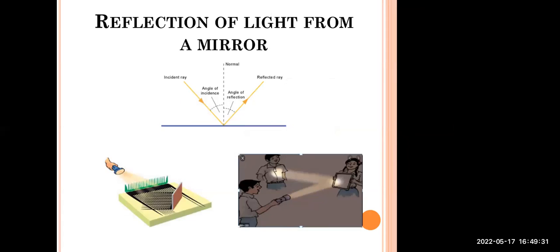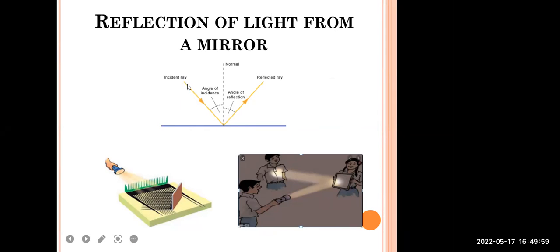The second characteristic is the reflection of light from a mirror, which we are going to see. This is a reflecting surface on which we are going to send a light. The line which is perpendicular to this reflecting surface we call the normal.